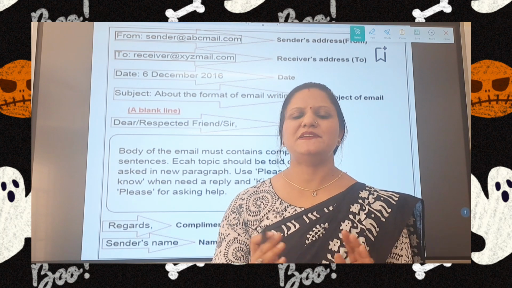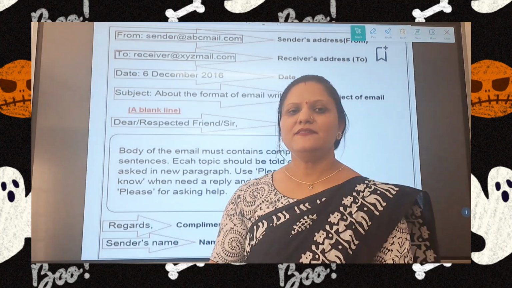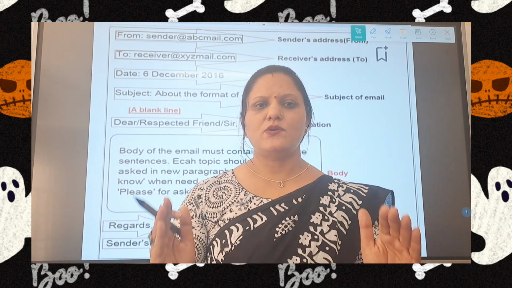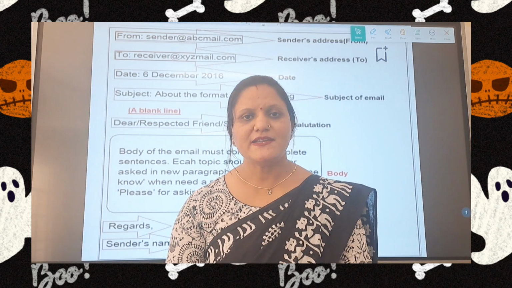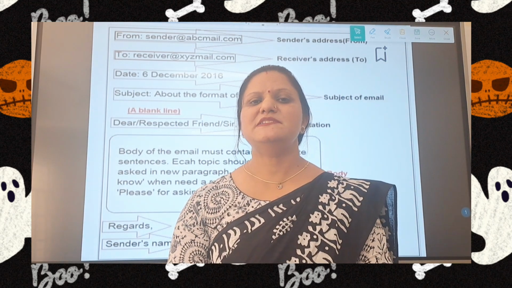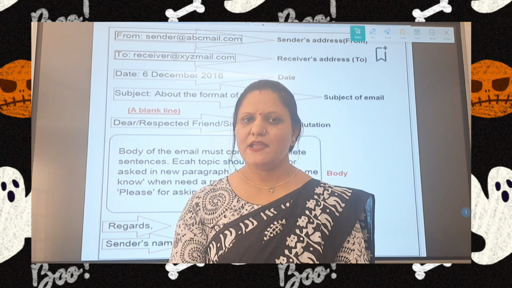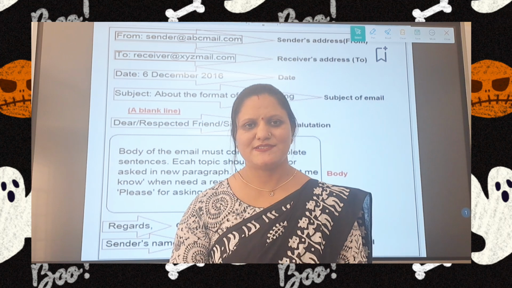So no need to type it again and again. And the most important thing: in the mobile or laptop it is already framed in the box, but when you write on paper, in the exam, you will make a box after writing it, as your email must be written in the box.